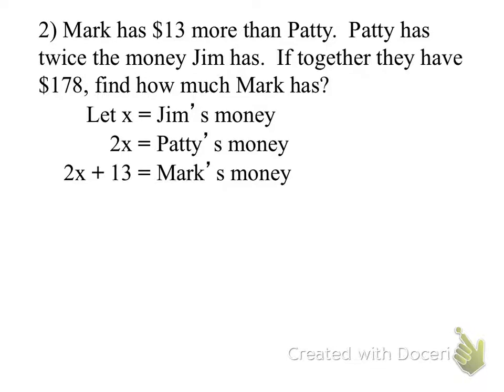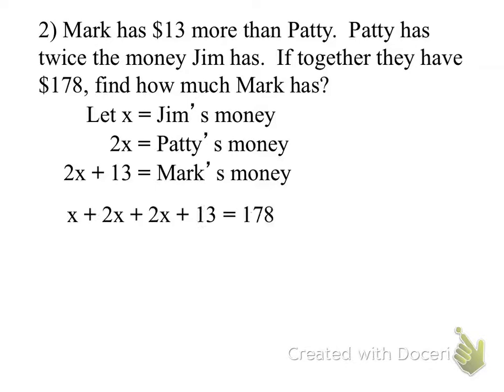Good. Now, if together, what does that imply I do with all their money? Add it all up, right? So what's my equation going to look like? X plus 2x plus 2x plus 13. Good.